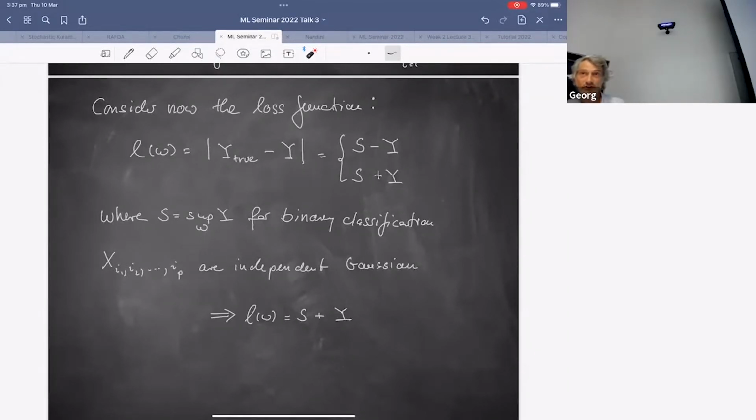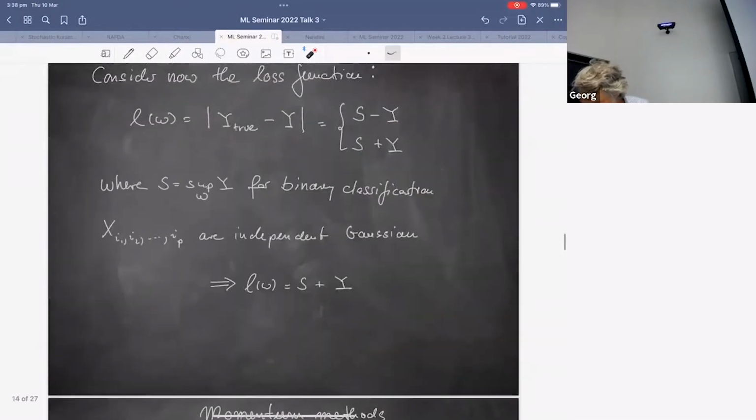Right? So that I can interpret it in this kind of probabilistic way. And so I know what s is. And if these xi i1, i2, ip are independent Gaussians, then you can say in law, this is equal to s plus y. So now my loss function I can relate to the actual output here, okay?